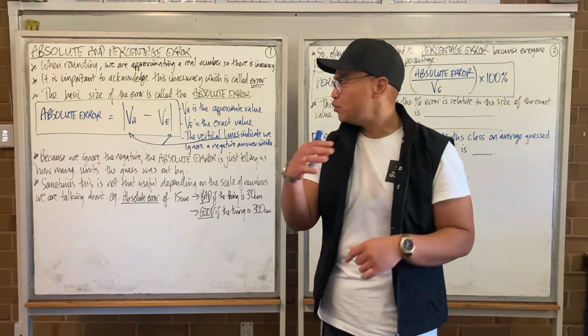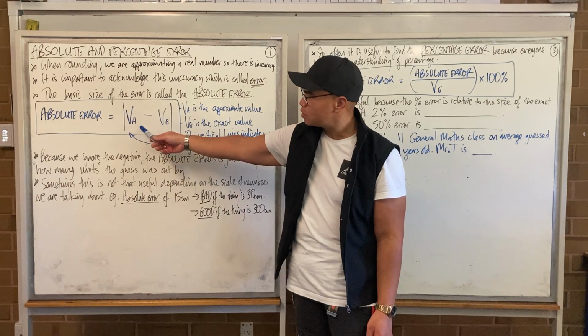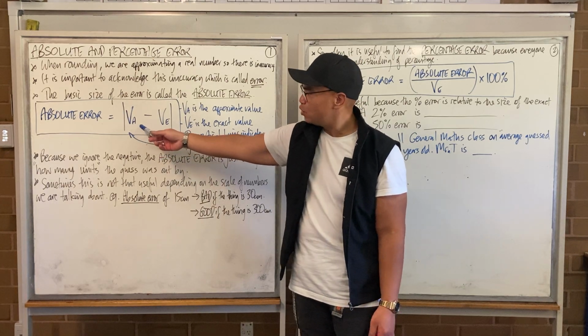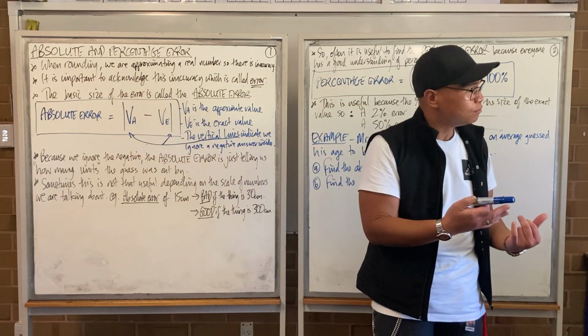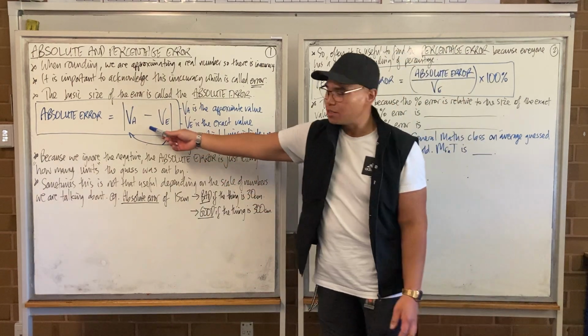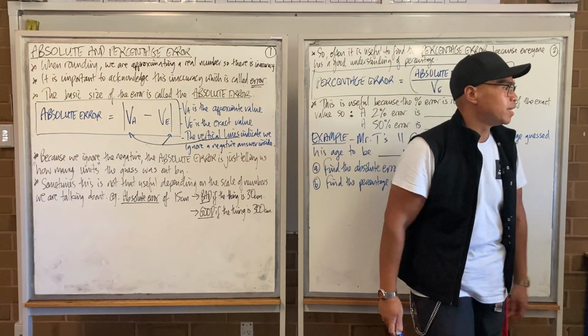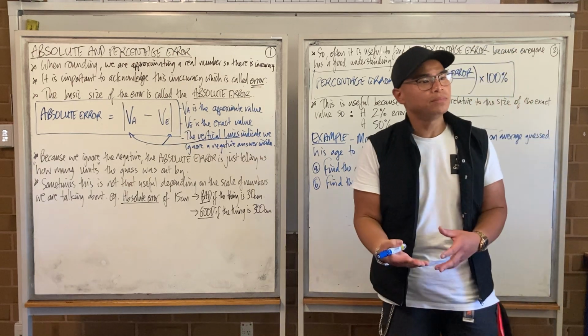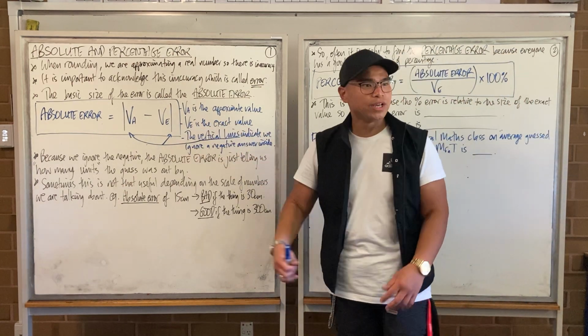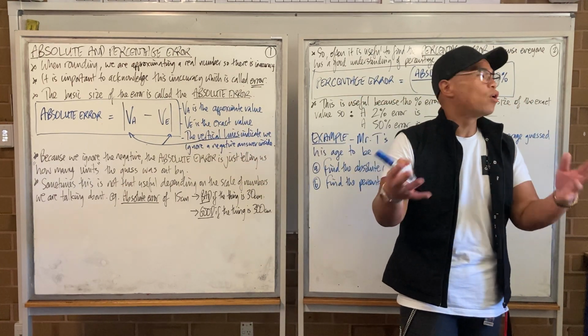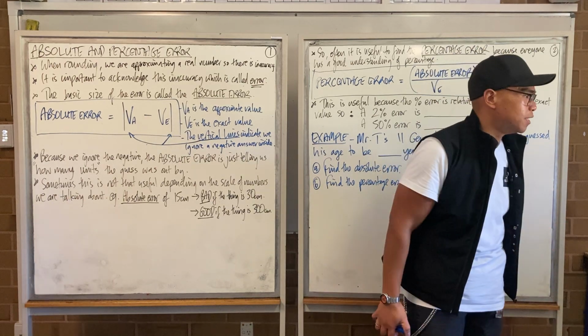But do you agree that if you told me that I was a meter tall, this would come out as a negative? Because your guess is a meter, my exact height is like 168 centimeters, so you'd get a negative number. But with absolute error, all we care about is how wrong you were. You would be out by 68, okay?